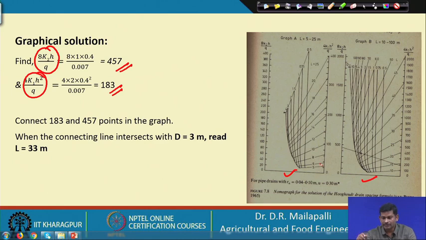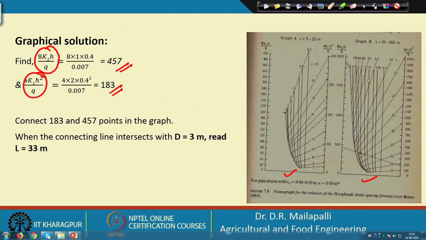Since we already see this as around 30 to 32, let us consider graph B. In graph B, 8 k2 h by q is 457, that is already there, and similarly for 4 k1 h square by q, this is another one, 2 points, and d is equal to 3.